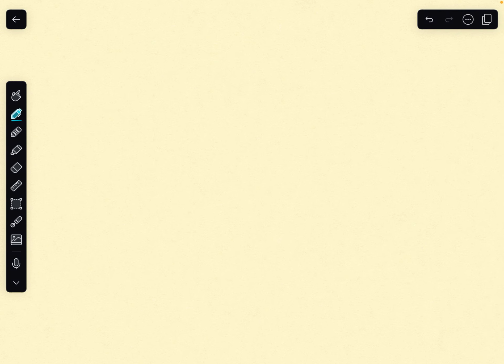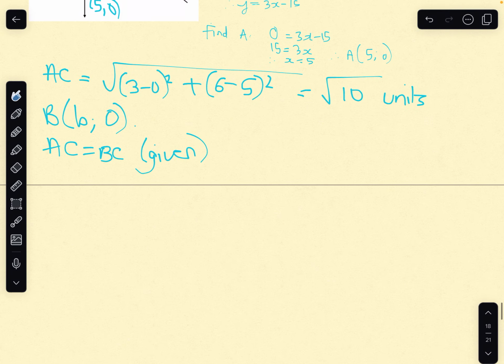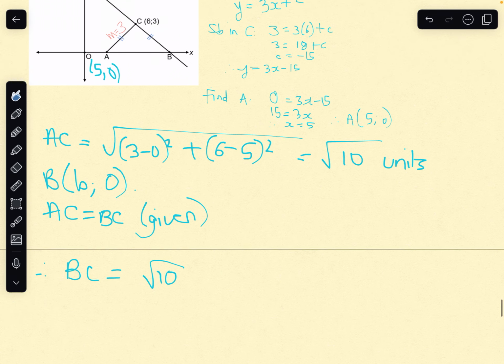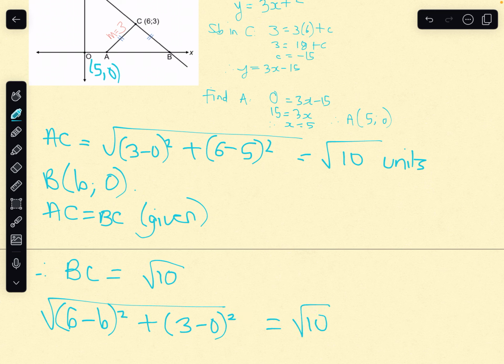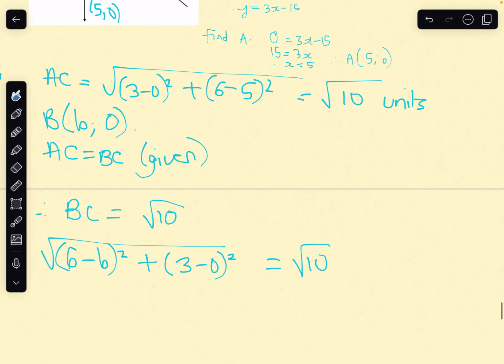Now we can say BC is indeed root 10, by this logic of ours. So we are saying the distance between B and C, so 6 minus b squared plus 3 minus 0 squared, is going to be equal to root 10.